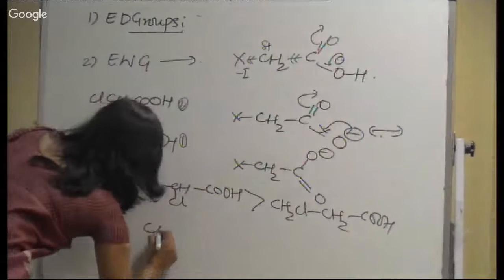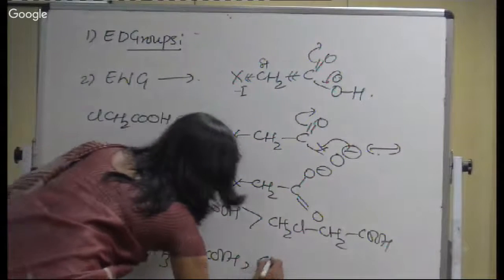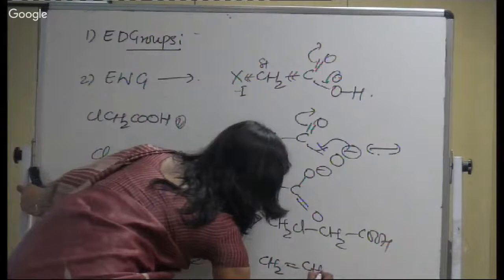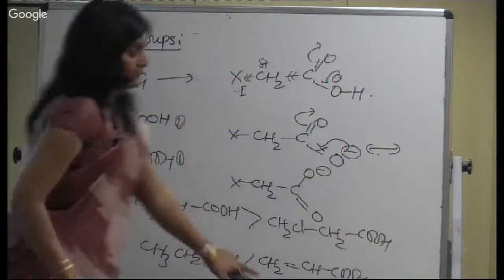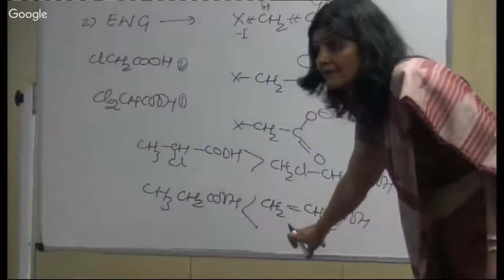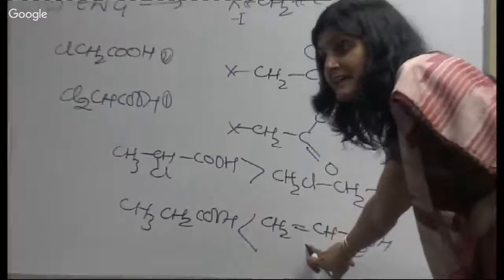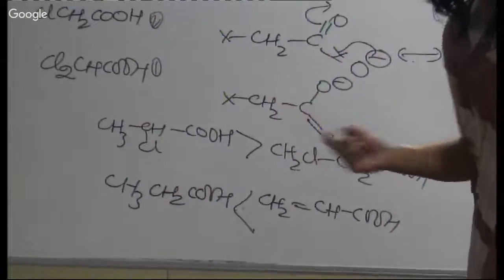Which means if I have this acid, this acid will be a stronger acid than this, right? And if I change it to an sp hybridized carbon, the acidity will further increase, right?